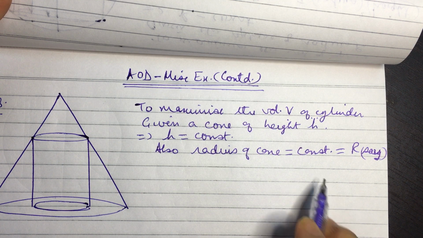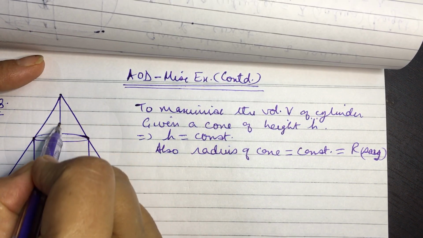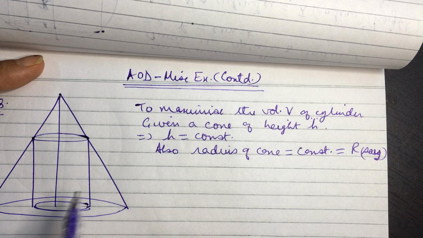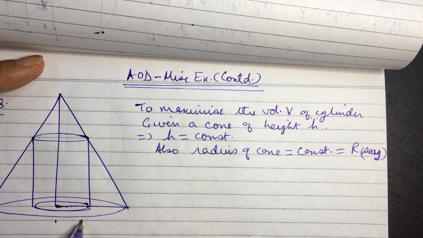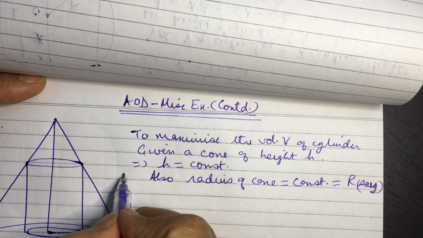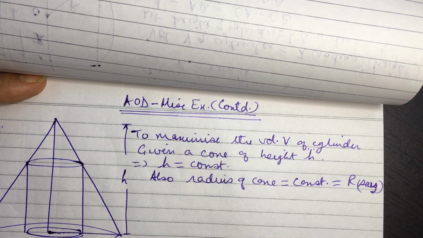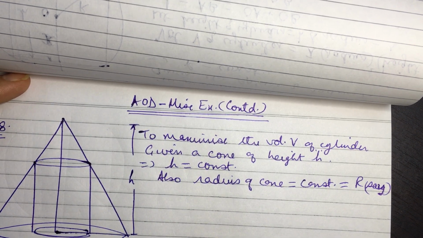Okay, so we are assuming it to be r. Now this is the radius of the cone and the height of the cone is given to be h.